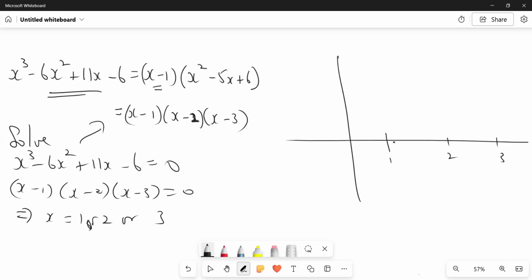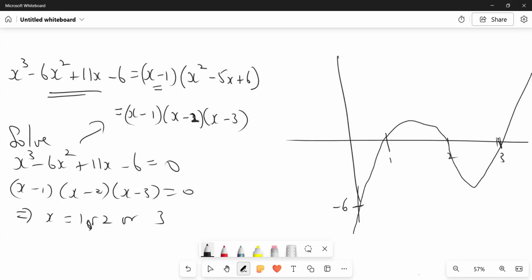You also know that the graph passes through -6. So somewhere at the bottom here, -6, the graph comes through, right? So without even knowing anything, you can see that the graph comes through there, goes up somewhere, comes back down, and goes up there, right? It passed through 3. The graph looks something like that.